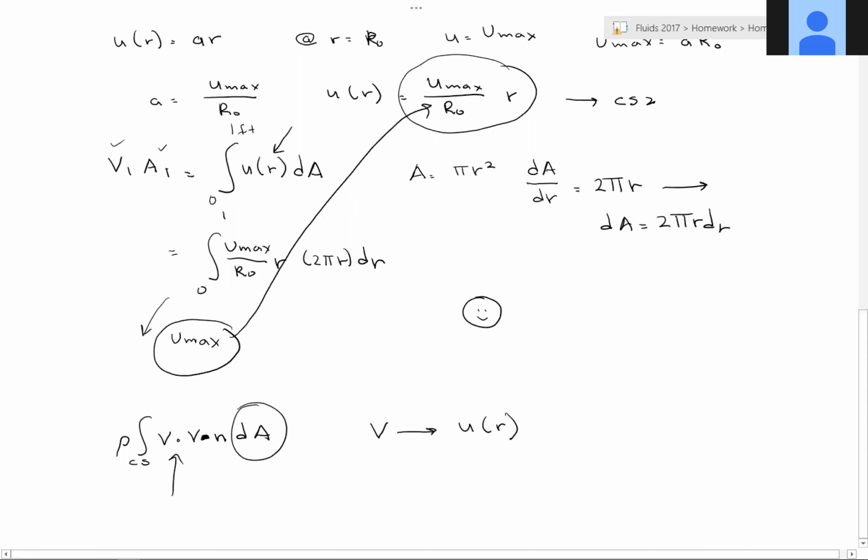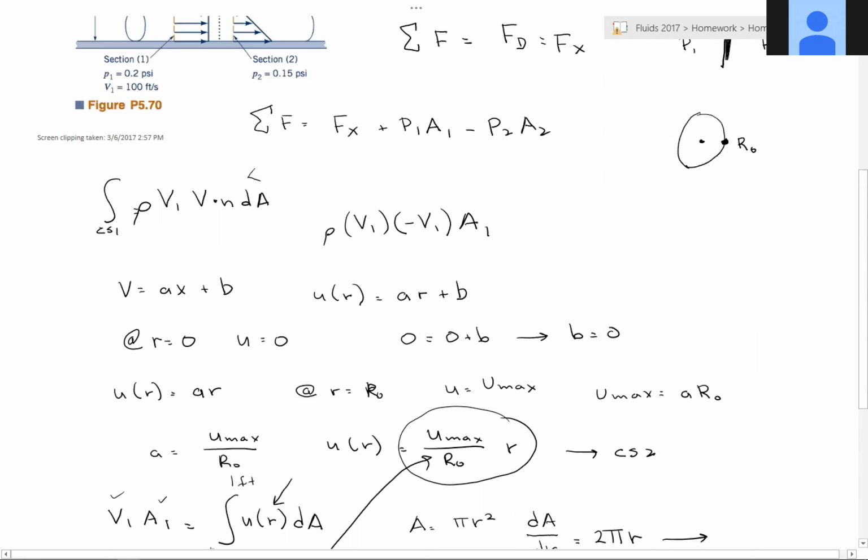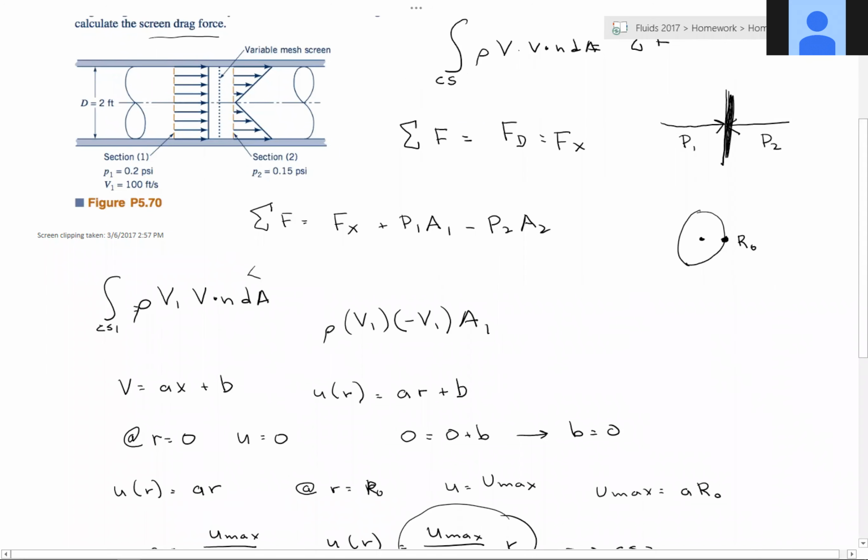Then what do we do with our dA? It's going to be the exact same thing. Just like we did with dA, this is another thing to know, 2 pi r dr. So we're going to change it to that. We're going to integrate it, and then we're going to be able to solve for this f of x.